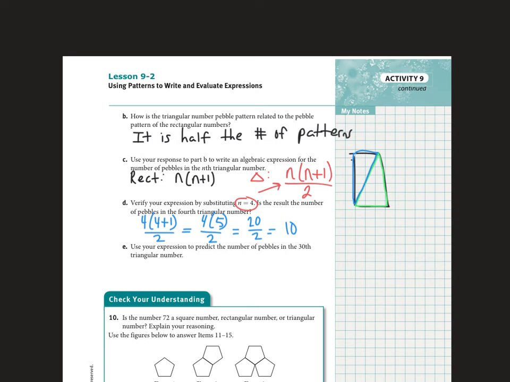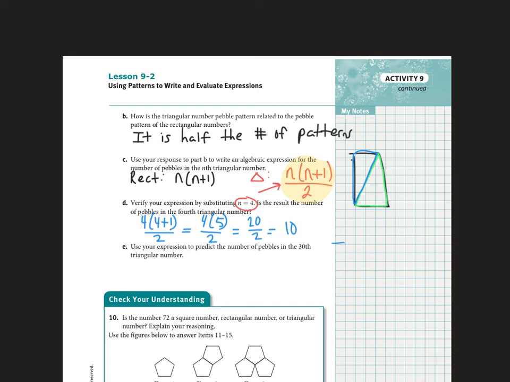Can we use our expression now to predict, if we had the triangular pattern going, how many pebbles there would be in the 30th triangular number? Okay, so we have ourselves a formula, an expression, for triangular numbers. And we're going to use 30 for n.